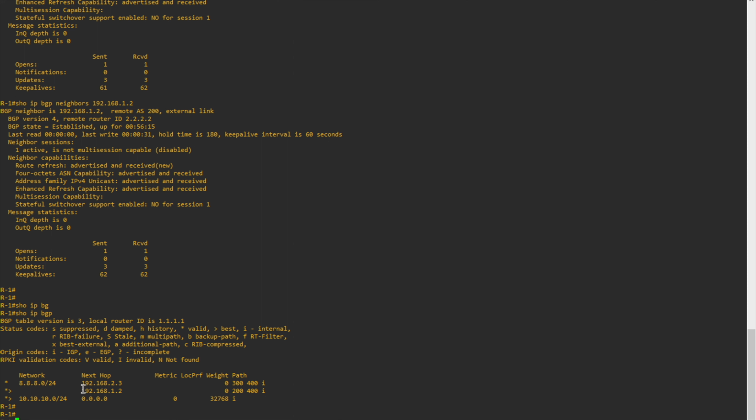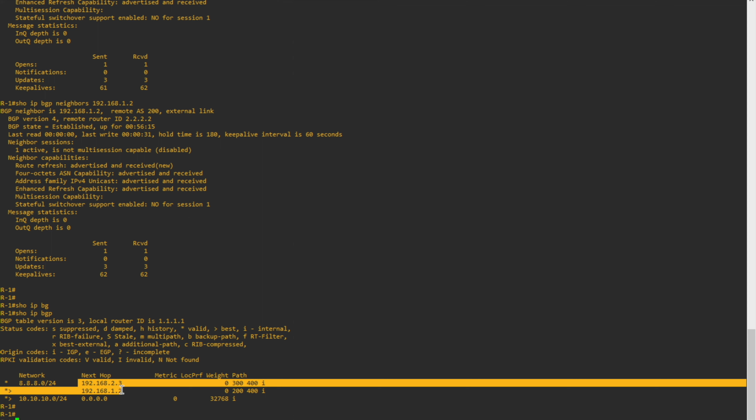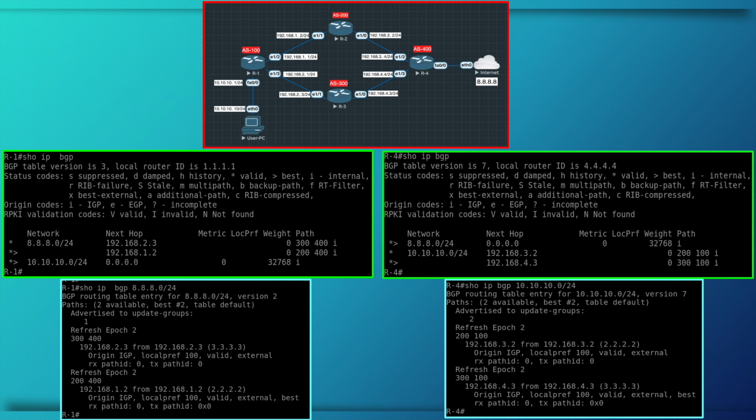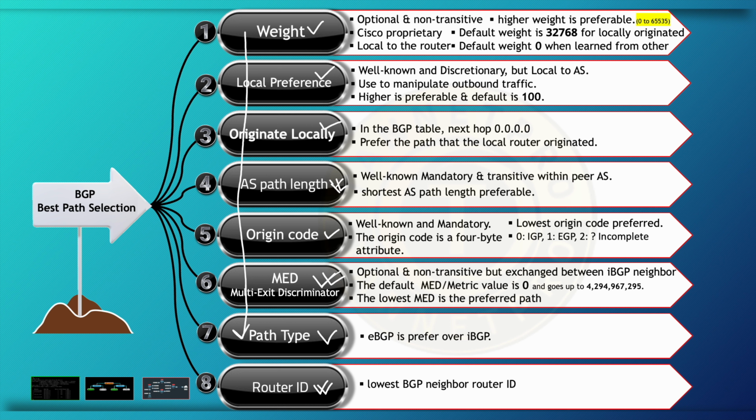This path will be installed in your FIB, the forwarding information base, and those two paths will be installed in your RIB. Hope you understand. Who wins the match last? It's very interesting: the lowest router ID wins the match.